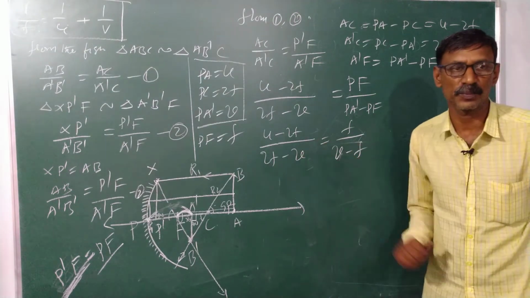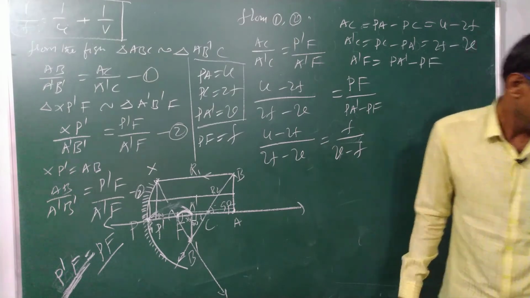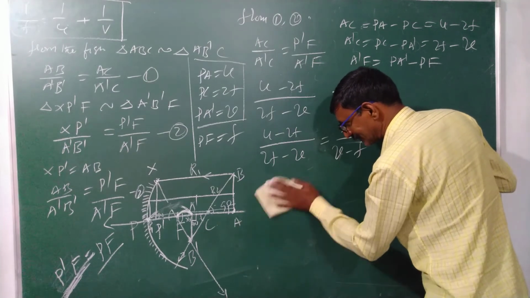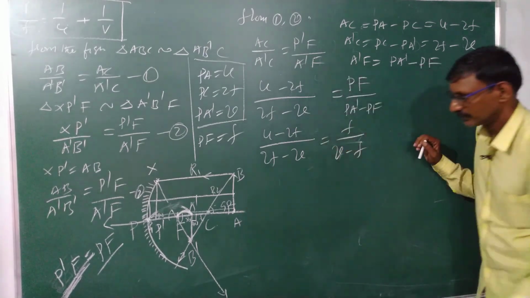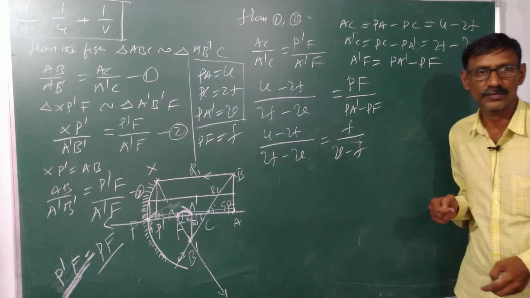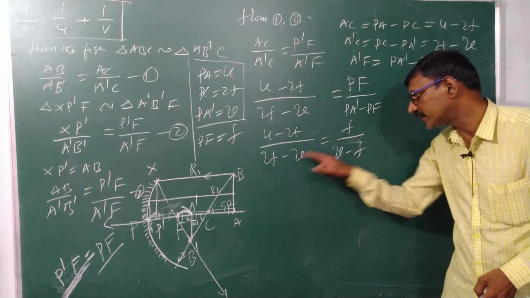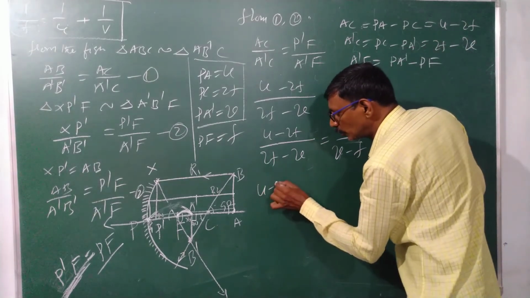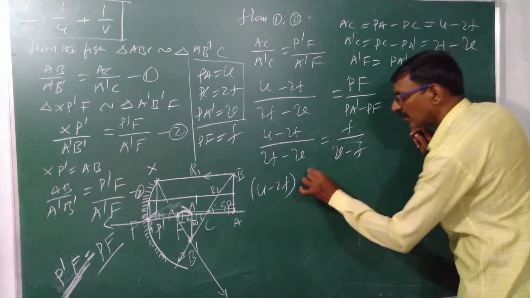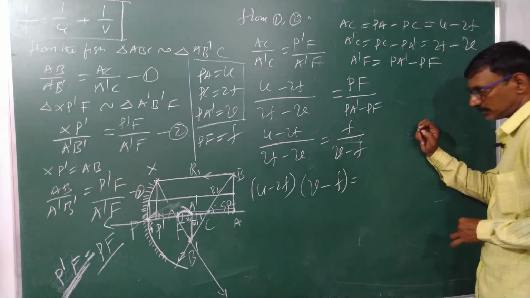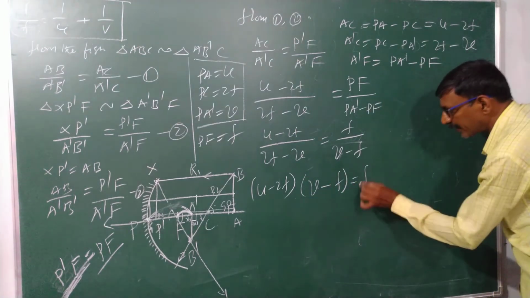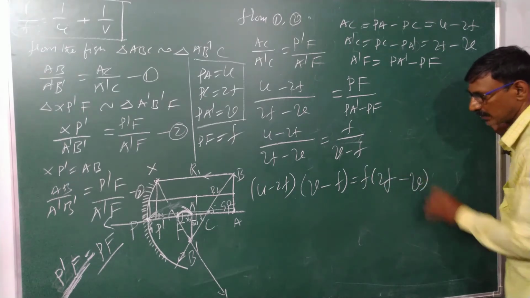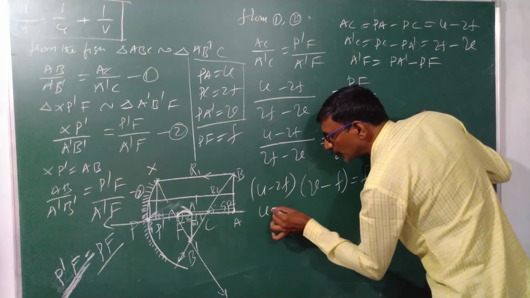Now by taking cross multiplication, very important, do it in a neat manner. This is multiplied by this and this is multiplied by this. U minus 2F into V minus F is equal to F into 2F minus V. First term into first term, UV.